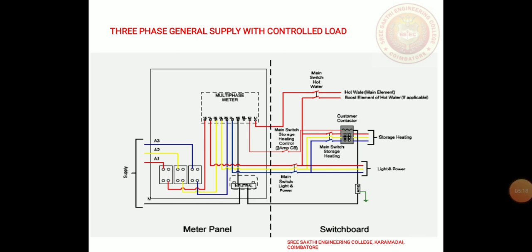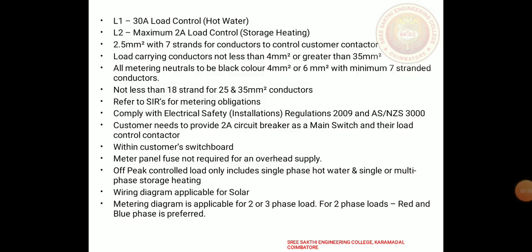The block diagram shows the three phase energy meter, with supply and load control controlling the load. Here the metering diagram is applicable for two phase or three phase loads. For the two phase load we can use red and blue. In three phase, red, blue and orange colors are preferred. This three phase arrangement is also applicable for solar panels.